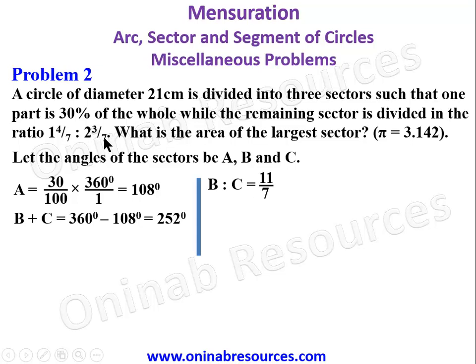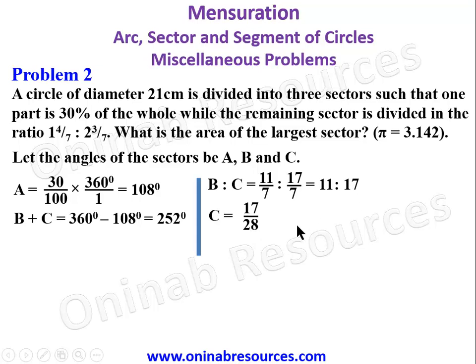Then 7 times 2 gives 14 plus 3, 17 over 7. Since the denominators are equal, we can simplify the ratio as whole numbers to become 11 to 17. The larger angle here will be the angle with 17. So we say angle C is 17 over 28. Where is the 28 coming from?